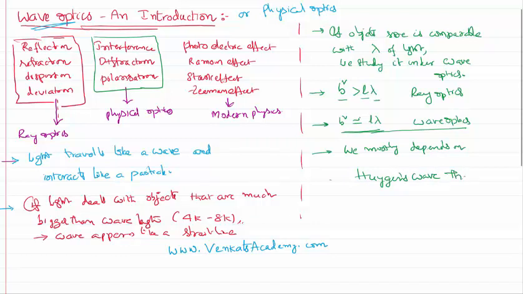Based on Huygens wave theory, we can explain both interference as well as diffraction. But to explain polarization, Huygens wave theory is not sufficient. We use Maxwell's electromagnetic wave theory. So we are going to use Huygens wave theory to explain interference and diffraction, and we are going to use Maxwell's electromagnetic theory in the coming video lessons to explain polarization.